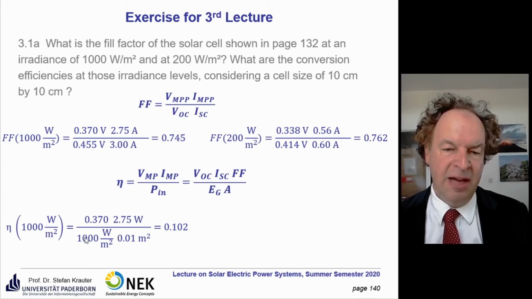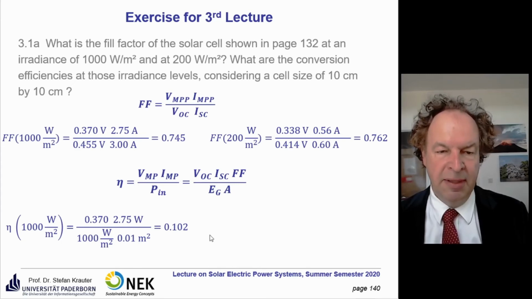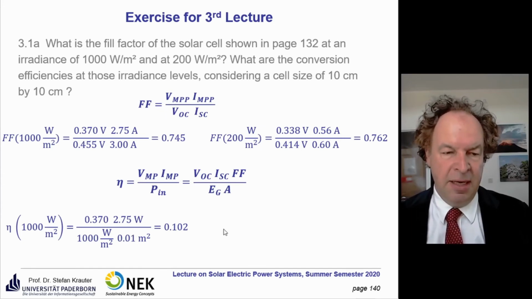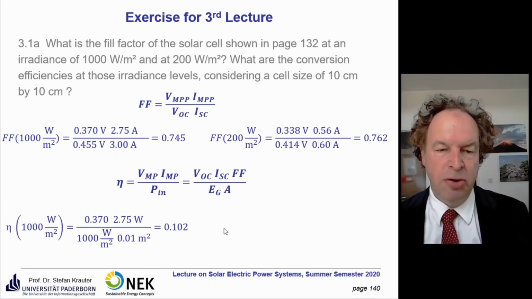Then the global irradiance is 1000 watt per square meter, and the area, 10 centimeters by 10 centimeters, is 100 square centimeters, and that is 0.01 square meters. That is then 0.102, so about 10% conversion efficiency.